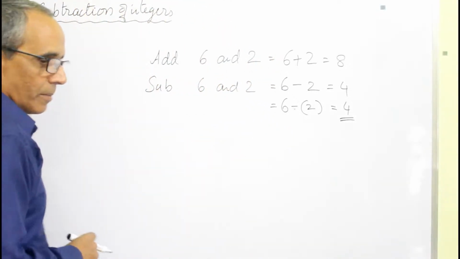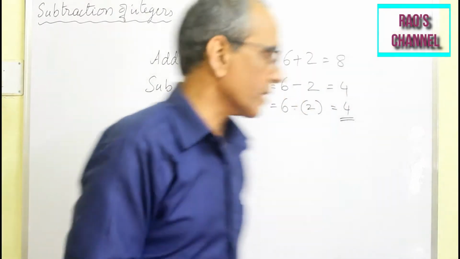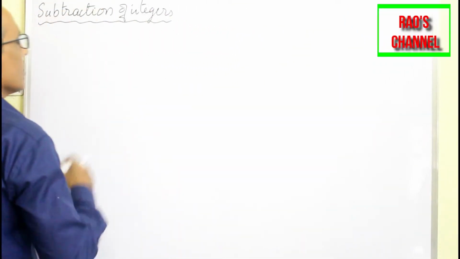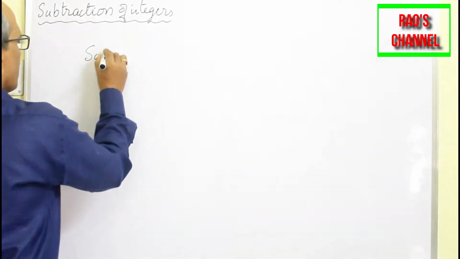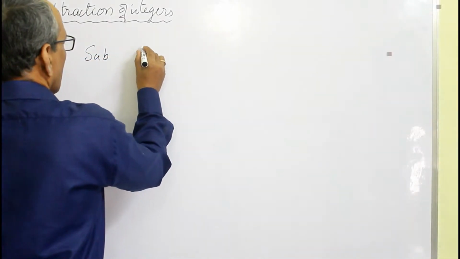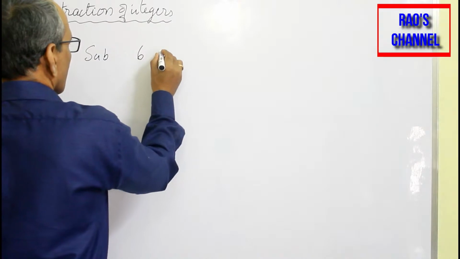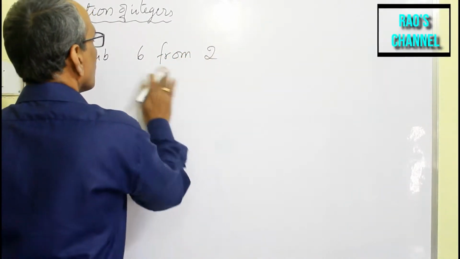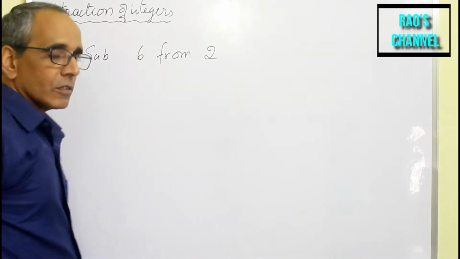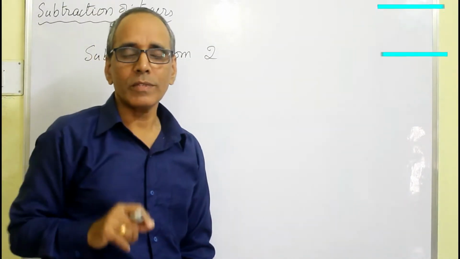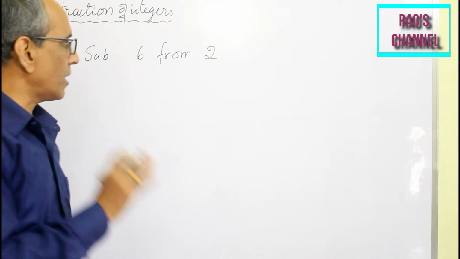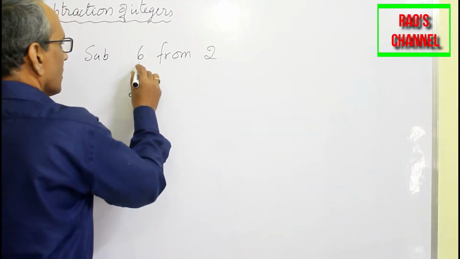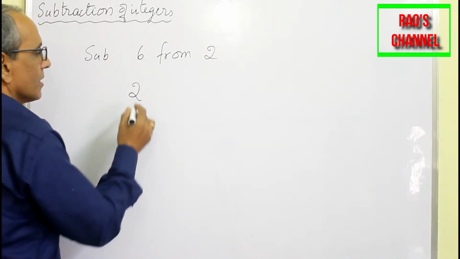See this example. In words I will give now. Subtract 6 from 2. This part is the minuend, this is the subtrahend.